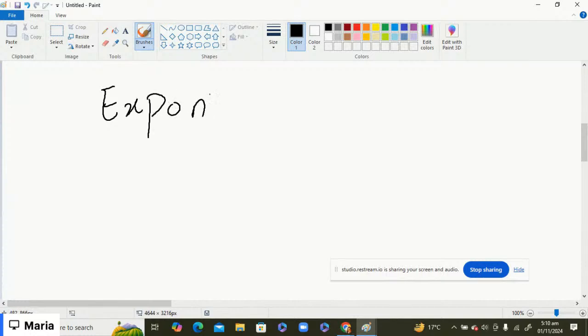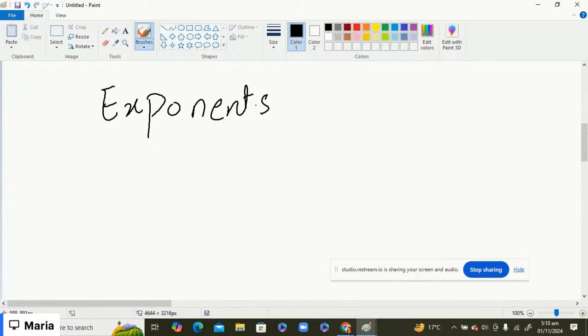Does everyone know about exponents or not? If anyone knows, then tell me what is the meaning of an exponent. Yes, anyone tell me, what is an exponent?